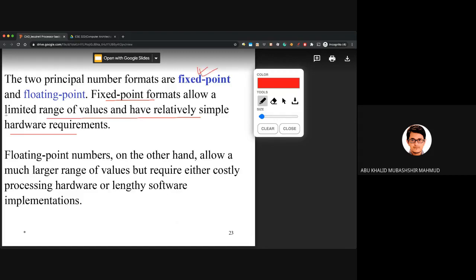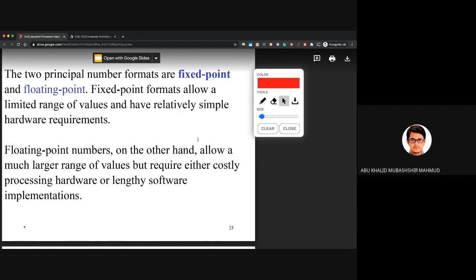Why? Because it represents a limited range of values and has relatively simple hardware requirements. On the other hand, floating point numbers allow much larger values but require very costly processing hardware or lengthy software implementations. So essentially floating point needs a very large amount of processing capability, either hardware or software.